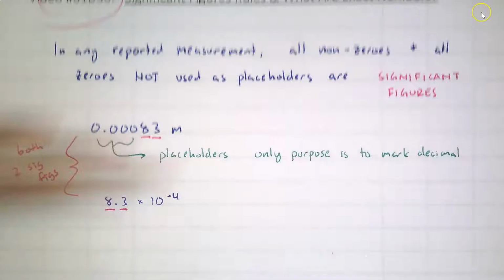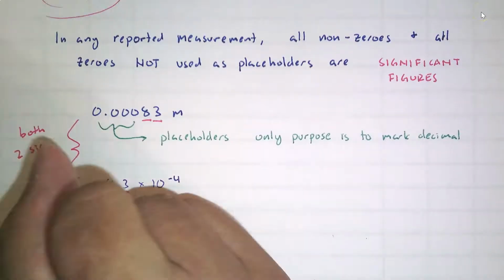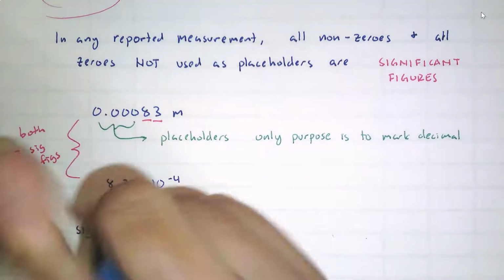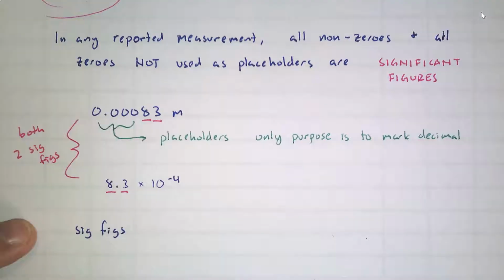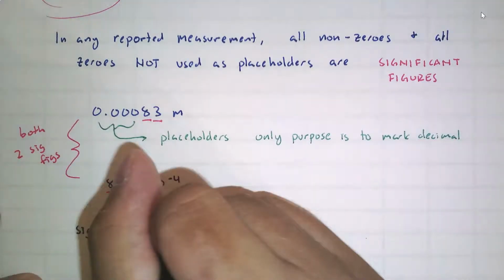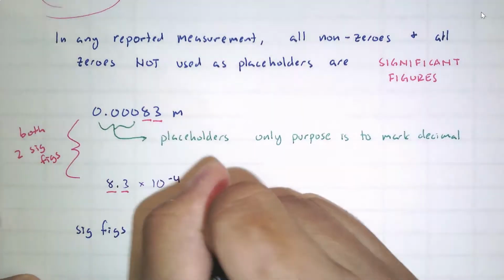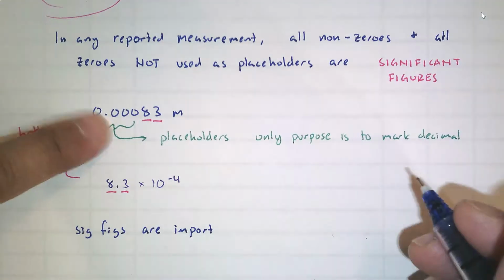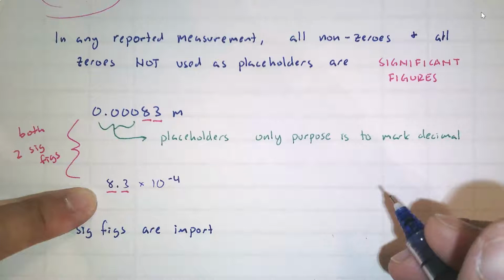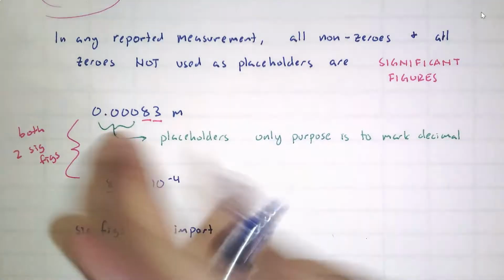Before we get to the actual rules, let me just also jot down that sig figs are important to the actual value. They mean something. See, these zeros do not mean anything. We could get rid of them when we express it as scientific notation, but we can't get rid of the 8 and the 3.